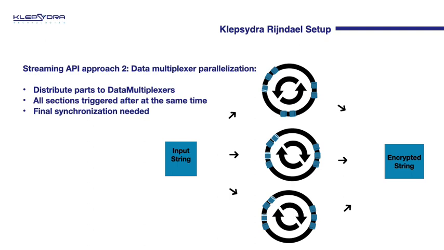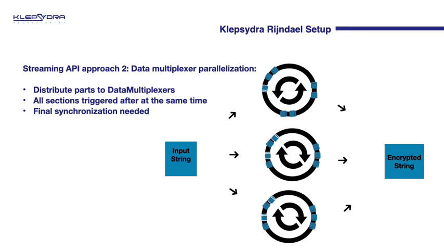So the first consumer will process the first 16 character block, the second consumer the second 16 block, etc. At the end, there is a requirement to put it all together, so it's a final synchronization, but this is done also by the event loop automatically. At the end of this process, there is a final event loop that performs this synchronization.